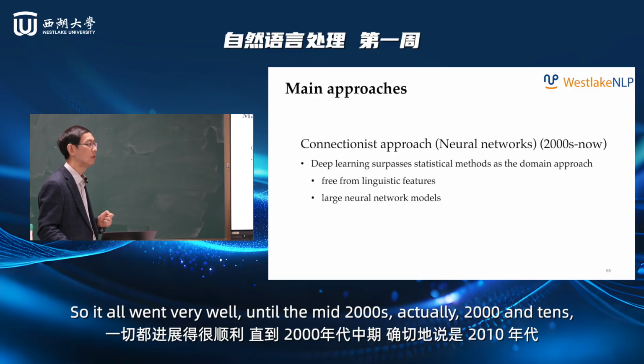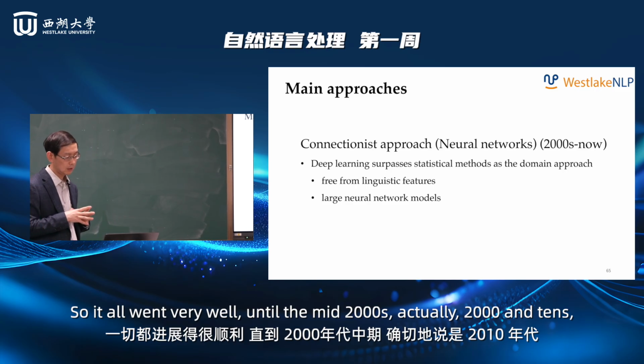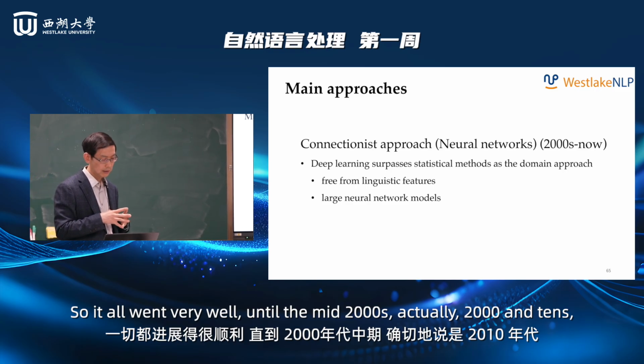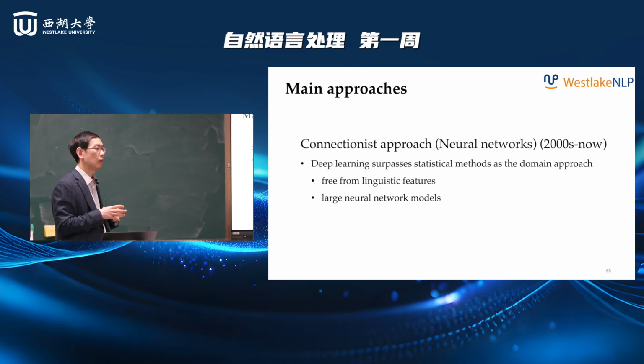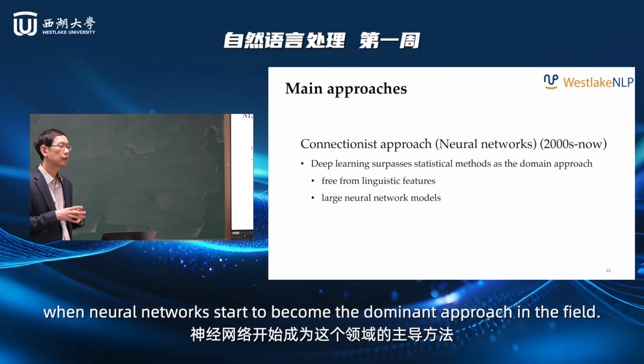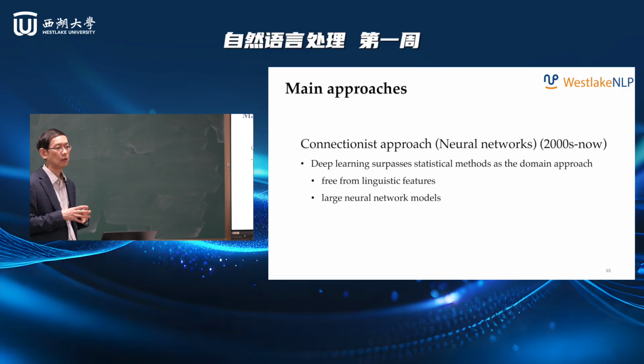So it all went very well until the mid-2000s, actually 2010s, when neural networks started to become the dominant approach in the field. Why?